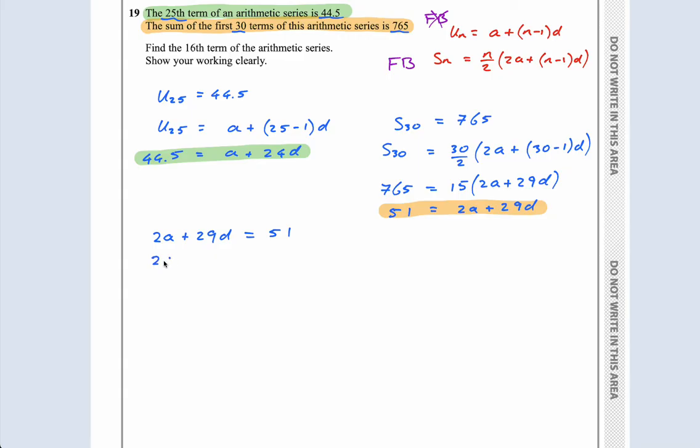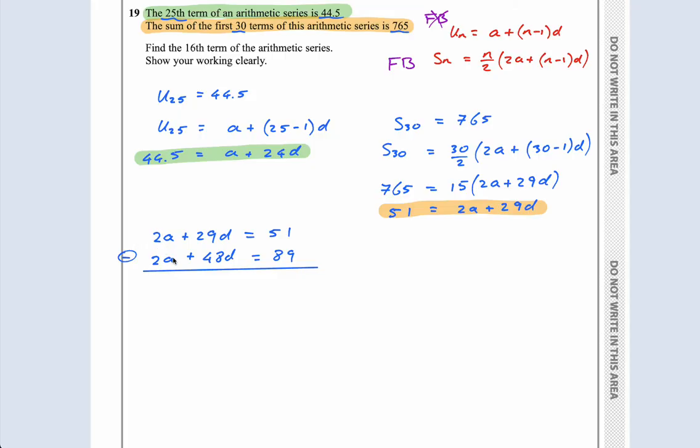So 2a plus 48d, I multiply this by 2, equals this by 2. 44.5 times 2 is 89. Okay, now I'm going to subtract the equations.